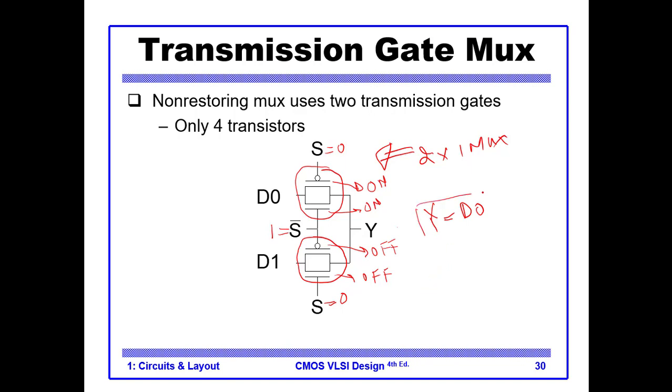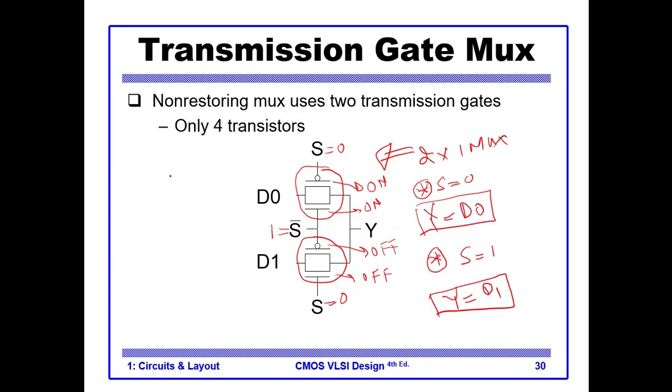This is according to the mux functionality. Similarly, for S equal to 1, Y will be equal to D1, as you can check yourself. So this is a 2x1 mux.